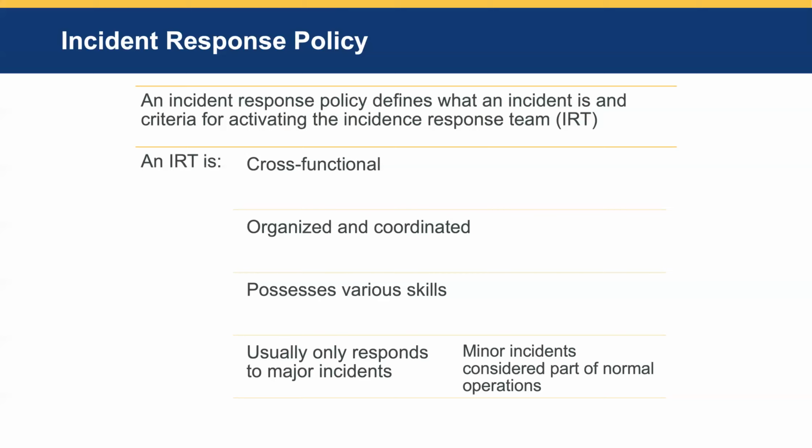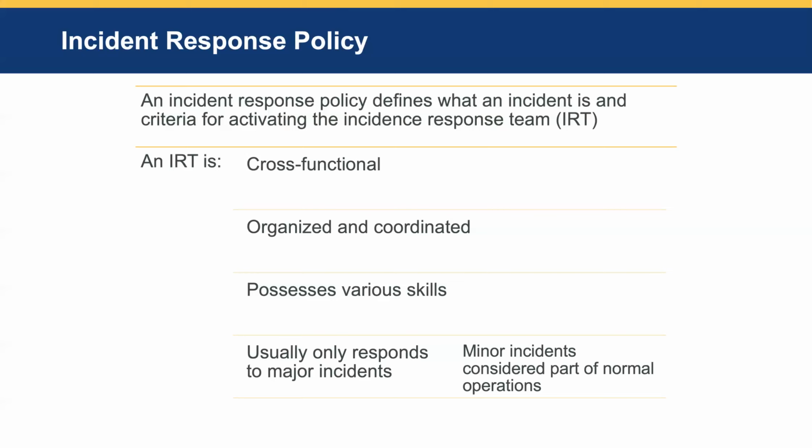So we want to make sure that we have a clear understanding of when that should occur. It's important to know that we have various types of security incidents. When we declare an incident and we need to activate the incident response team, we need to make sure that that incident is classified appropriately.